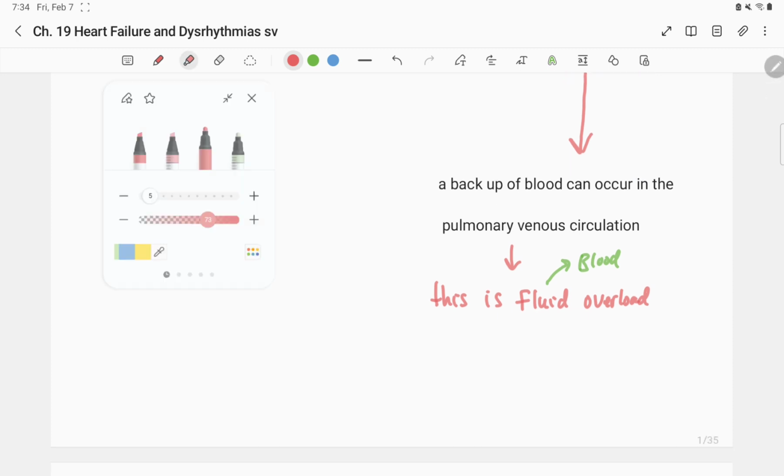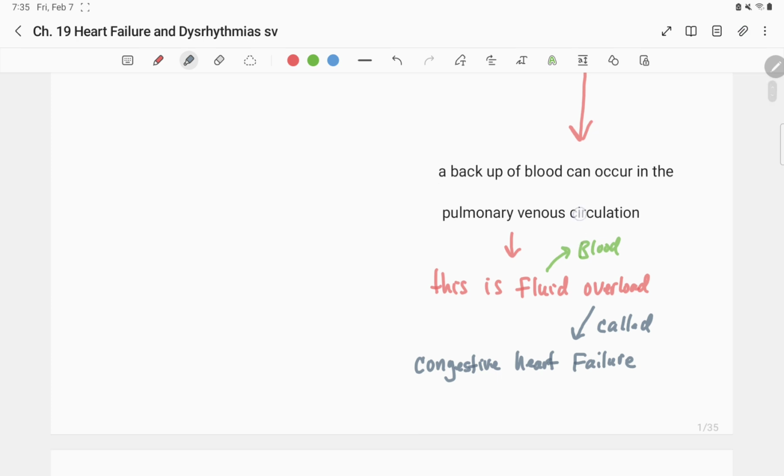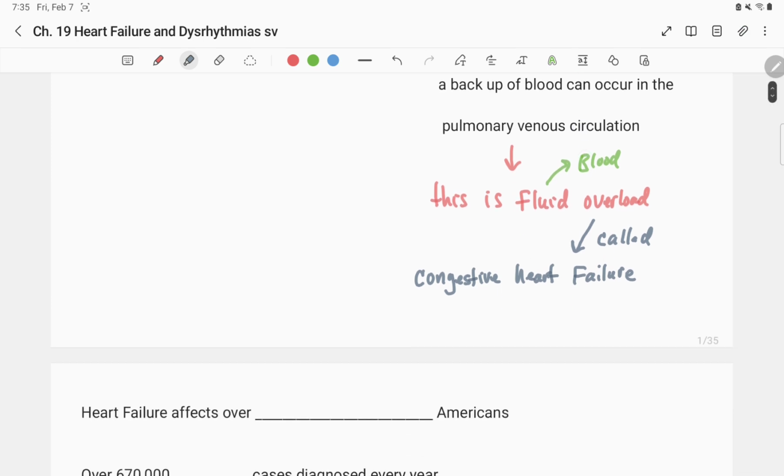and they call this congestive heart failure. Okay, congestive is simply fluid buildup.